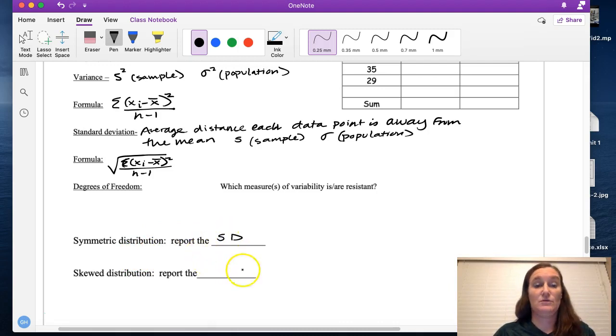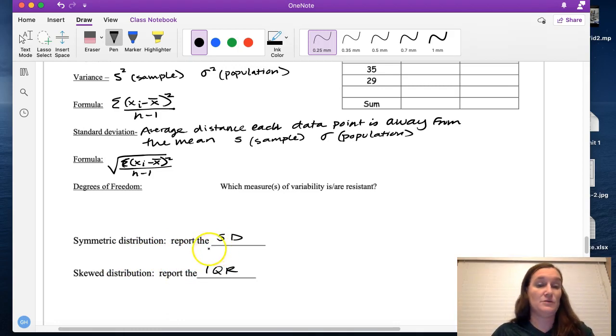So typically when you're describing your distribution, you're either going to go mean and standard deviation or median and IQR. And again, that makes sense because you use the mean to find the standard deviation. And for the IQR, the quartiles are very similar to the median. The median is a quartile, so it makes sense to do that.